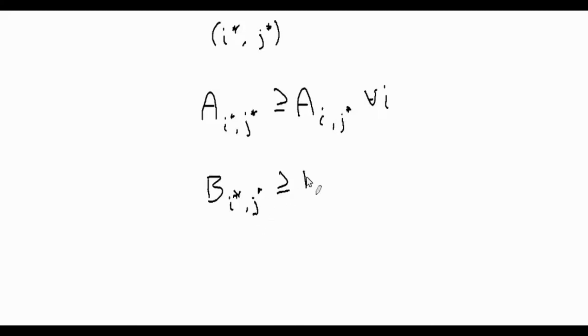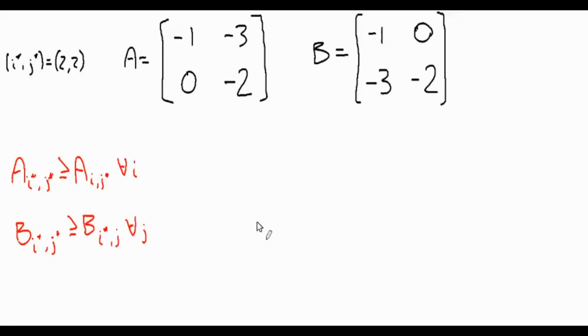If the payoff matrix for player 1 is A, then we need A sub I star comma J star to be greater than or equal to A sub I comma J star for all I. We also need B sub I star comma J star to be greater than or equal to B sub I star comma J for all J.